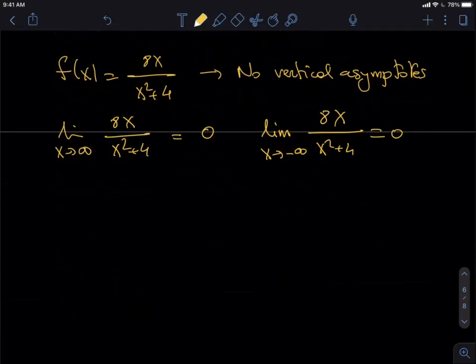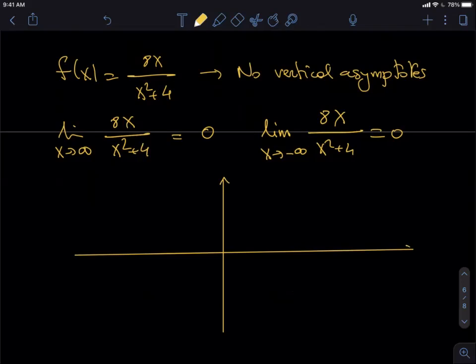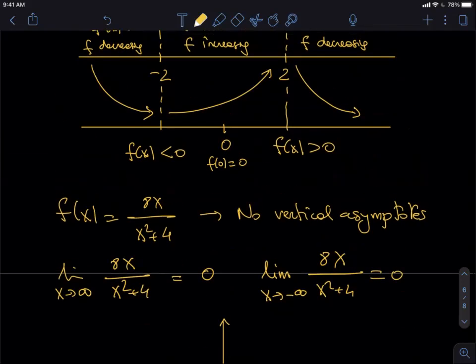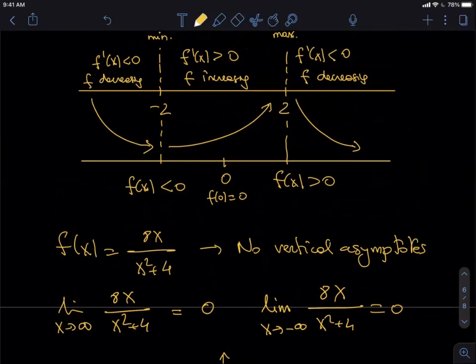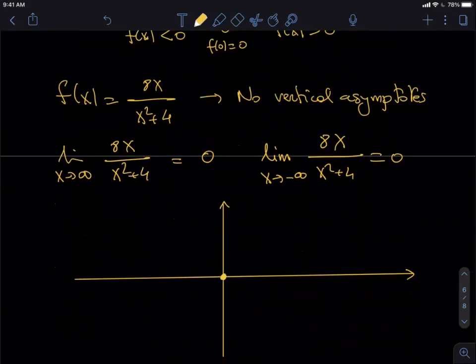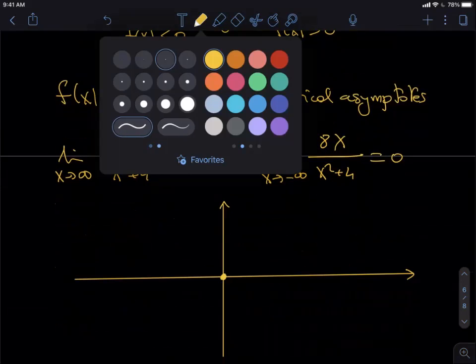Okay, and here we have all the information. We need to mark the points that we have seen were important. So we know f of 0 is 0, looking at the sign chart. And then -2 and 2, those are important also.